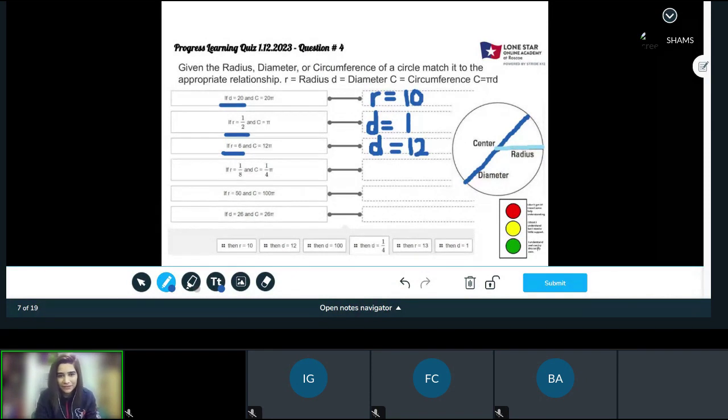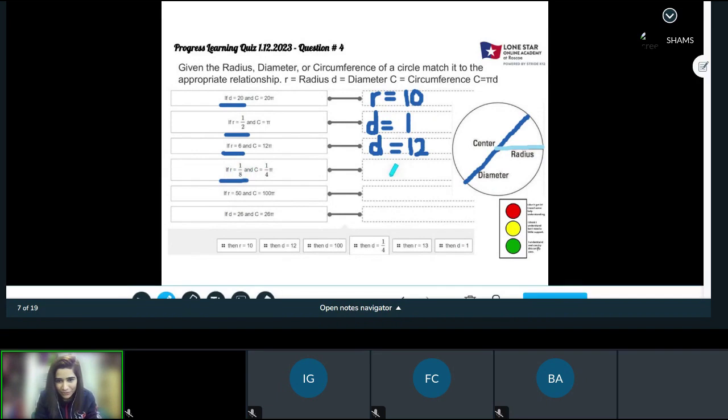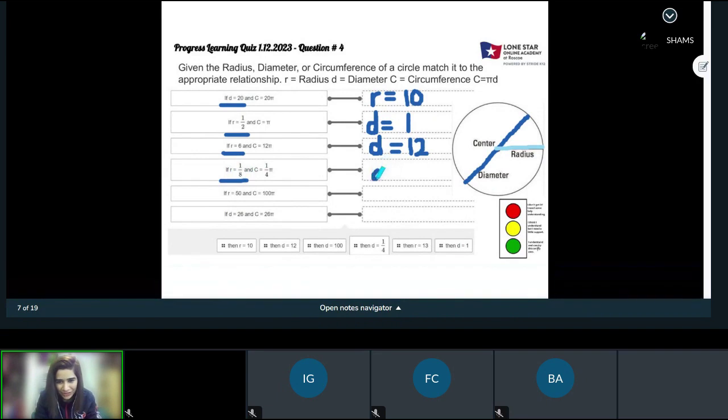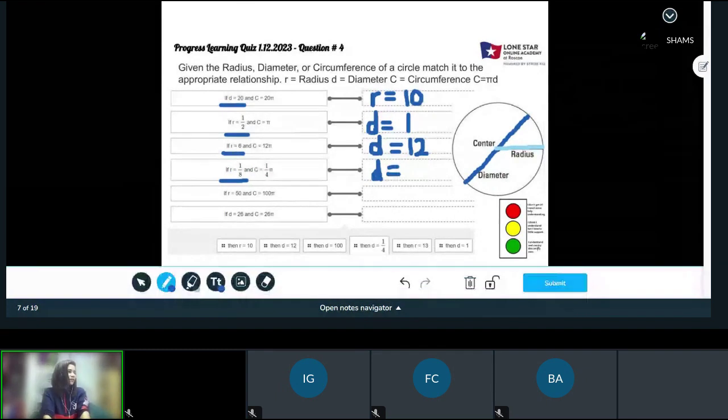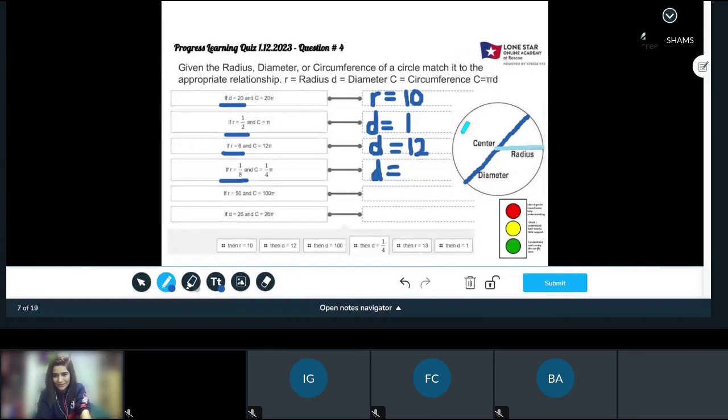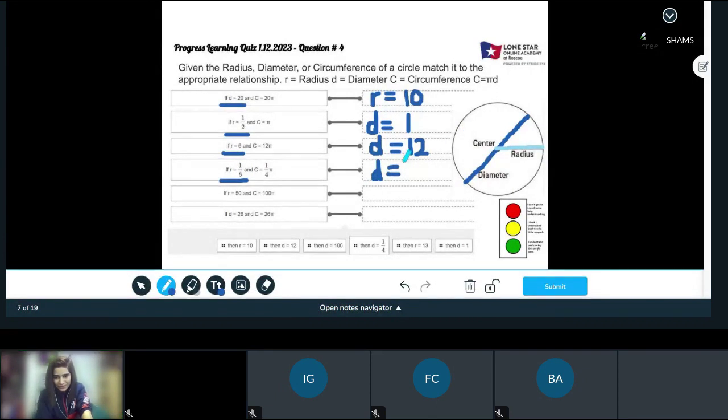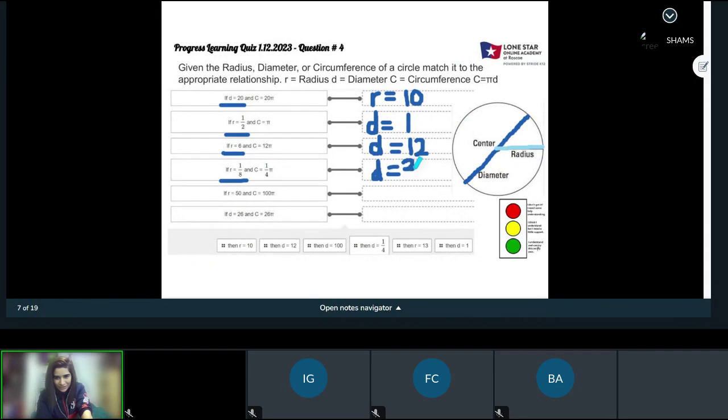Okay. Then, if the radius is 1/8, people, how much should diameter be? How much is twice of 1/8? 1/8 plus 1/8 gives you 2/8, right? 2/8 is the diameter. And remember, 2/8 you can simplify.